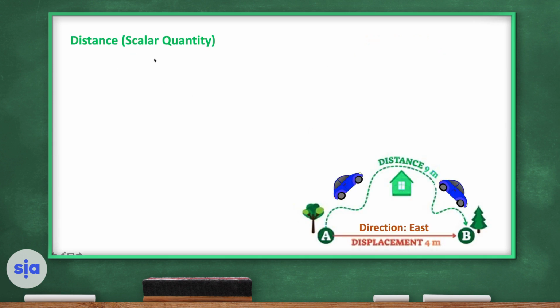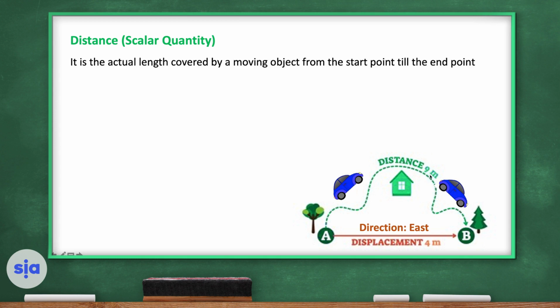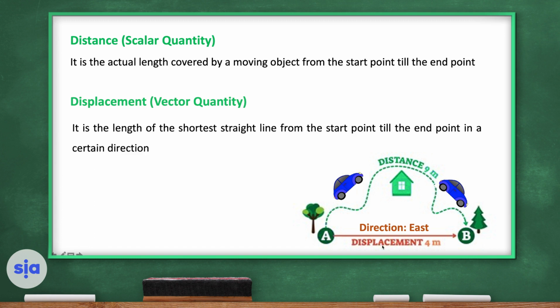The distance is a scalar quantity because it has a number and a measuring unit. However, the displacement is a vector quantity because it has a number, a measuring unit, and a direction in addition.